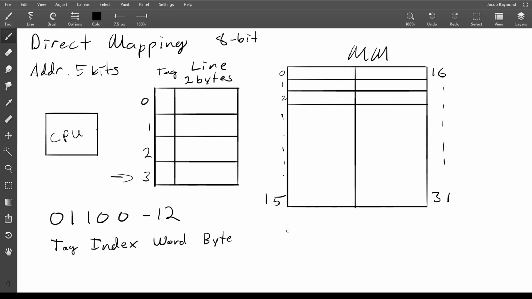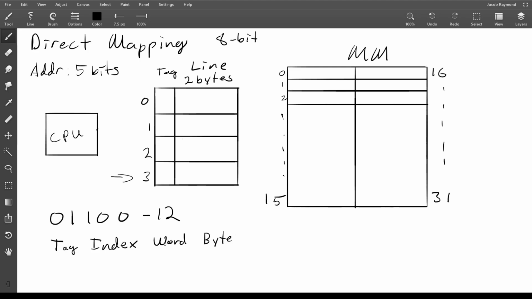So what we need to do is, based off of the size of this main memory, the size of the cache, the fact that we're using a direct mapping, we need to figure out how big each of these portions are. And according to the information we have provided so far, we can figure out exactly what each of the sizes of these portions of the address need to be in order for everything to work.